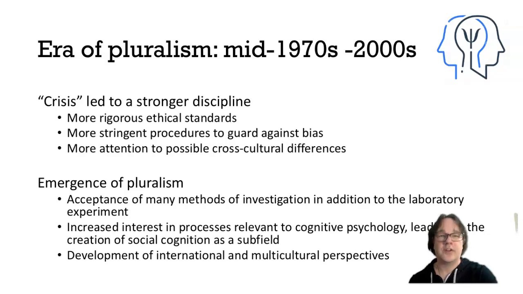So we have more rigorous ethical standards. We have more stringent procedures to protect against bias in our studies, and there's more attention to possible cross-cultural differences. And definitely understanding that we need diverse samples, not just for the sake of diversity, but to make our research more valid, right?